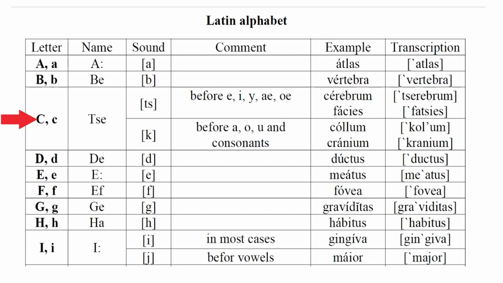Otherwise this is always hard, such as cranium or caelum. So you pronounce it hard like k, cranium, caelum, this way.